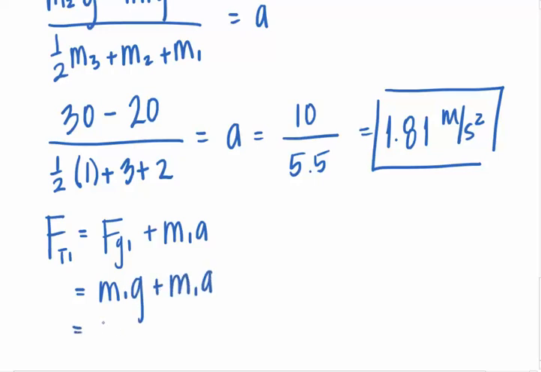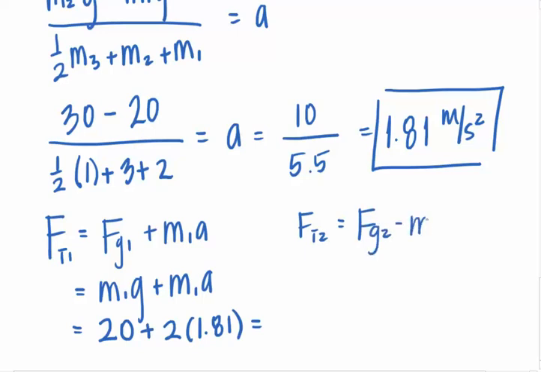So that would be 20 plus 2 times 1.81. And then FT2 would be FG2 minus M2A. So that would be like 30 minus 3 times 1.8.